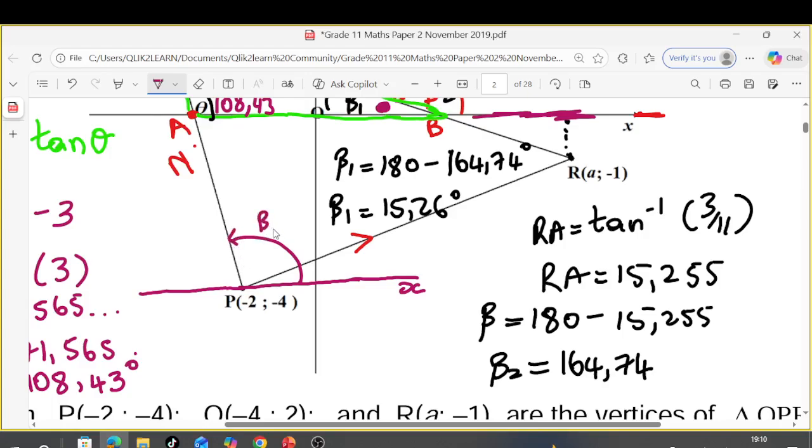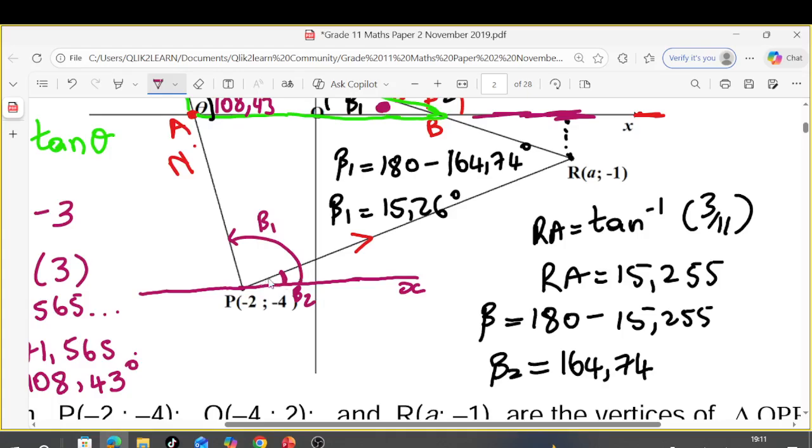Let's call this beta 1. And then we are looking for this angle. The best way to do this is to find this small angle here, which is also an angle of inclination. Let's call that beta 2.